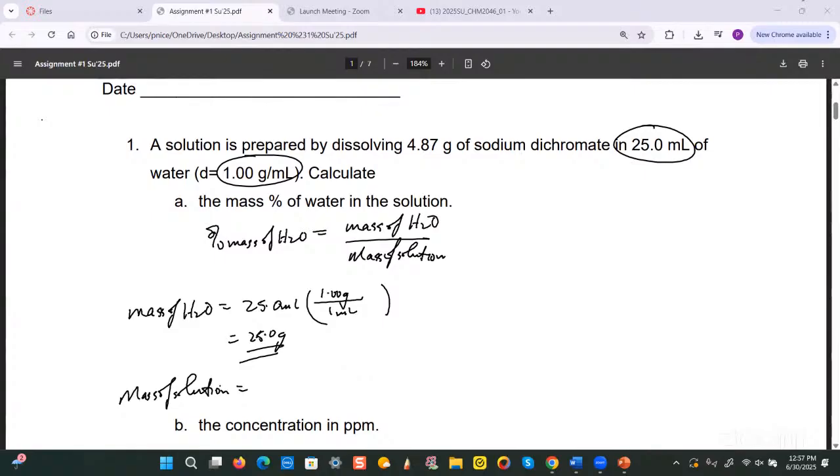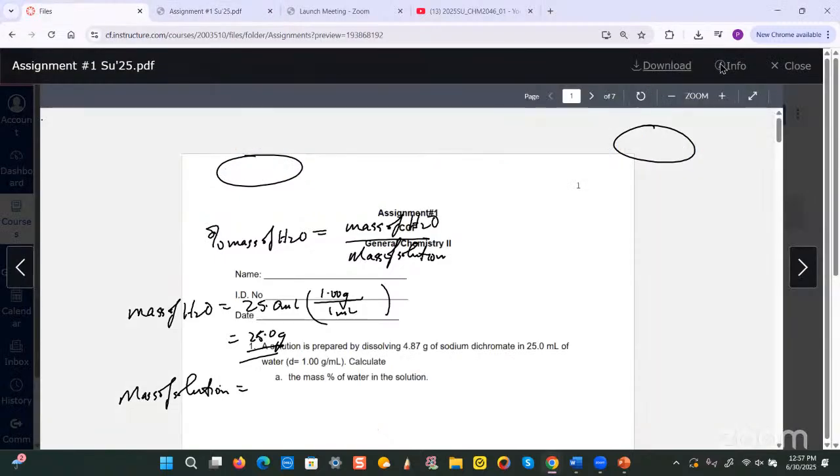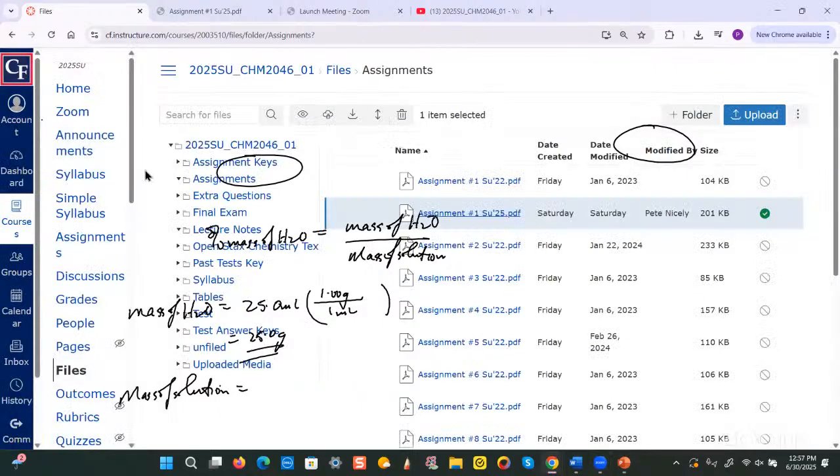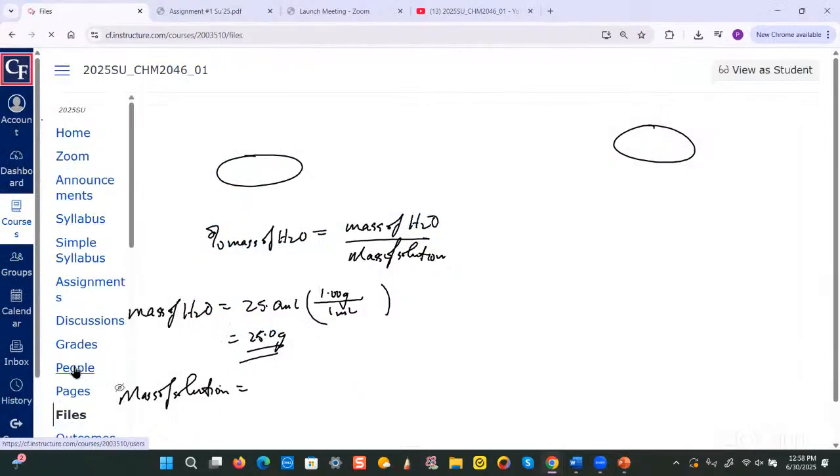Oh, somebody said something online. Let me see. Oh, I don't know. Okay, let me check that out, Mr. Renfro. Oh, no, you don't go to assignments. I'm sorry, you go to files. Let me show you again. You go to files, right?